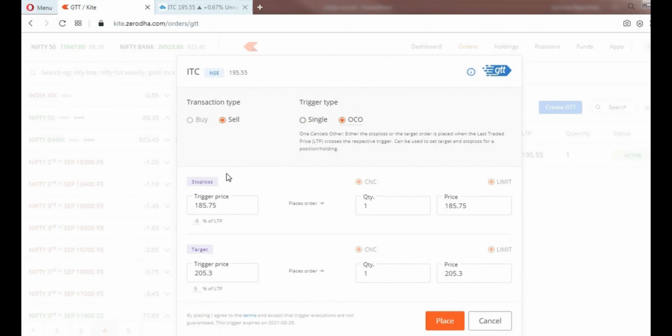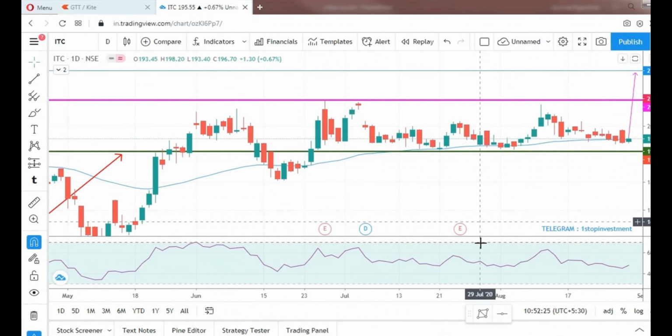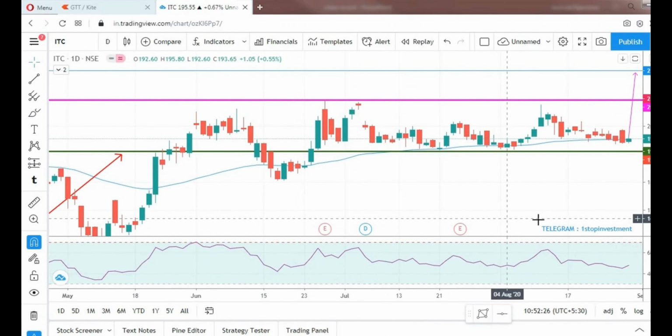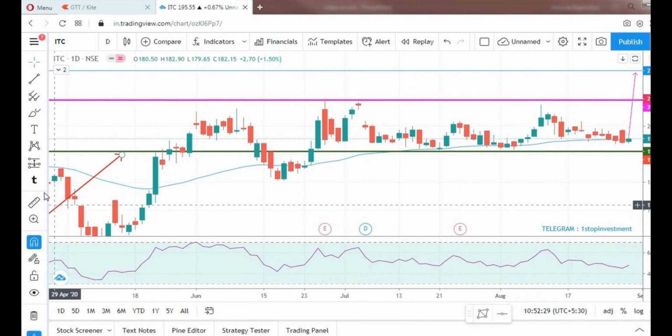Now you need to enter two trigger prices, that is one will be stop loss, the other will be target price. So again for the stop loss and target price, go to TradingView and use the long position tool.